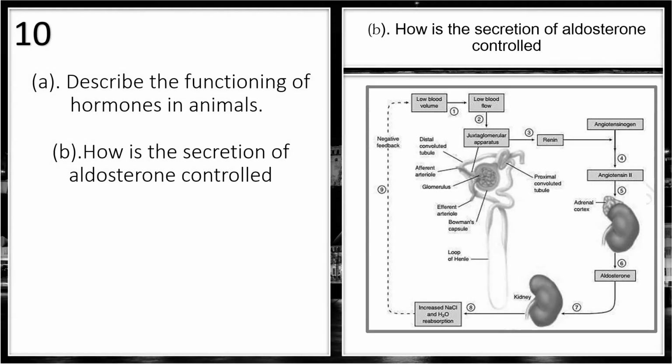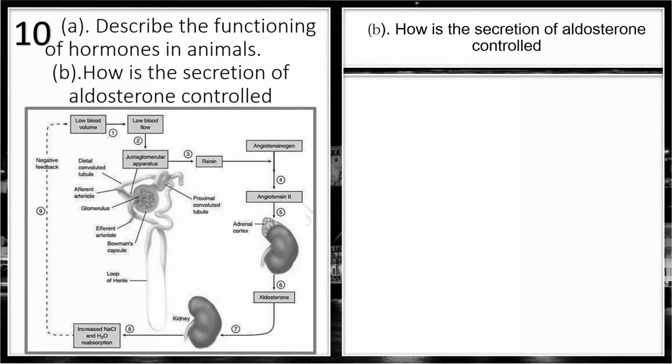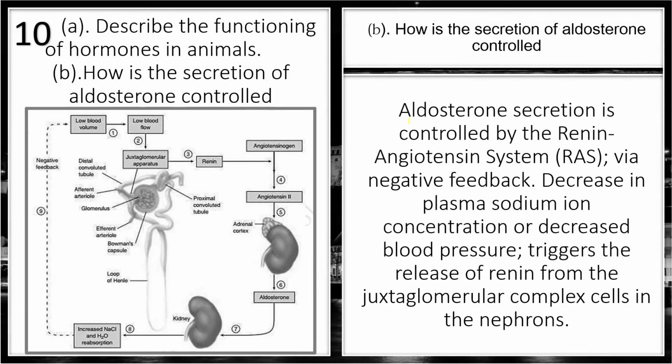Part B. How is the secretion of aldosterone controlled? Aldosterone secretion is controlled by the renin-angiotensin system, RAS, via negative feedback.